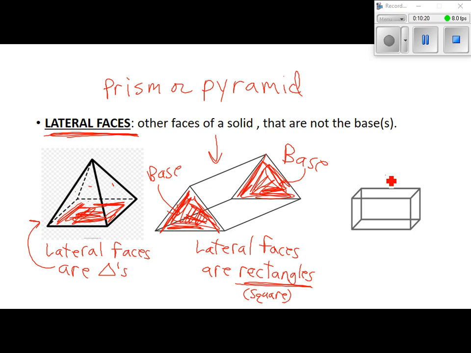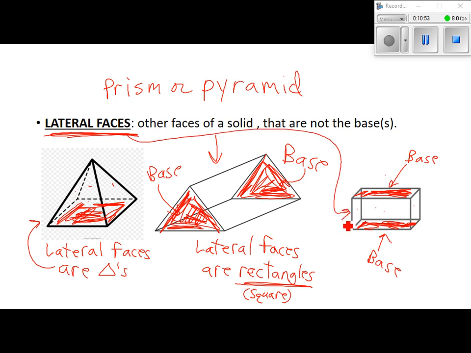So when I look at this one, this is a rectangular prism again, a box. If I pick this to be a base, then this one up here is a base. All these four other rectangles or squares or whatever they are, those are the lateral faces.